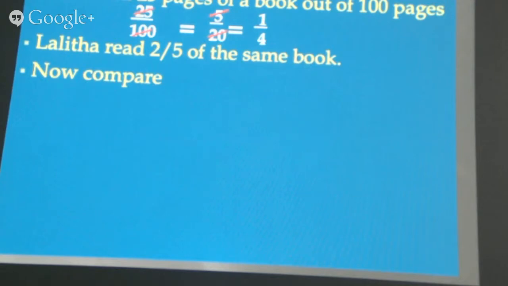All the answers are correct. I appreciate it. One of you suggested that. One student has taken, total are 100 pages, sir. So, 2/5 of 100, you know how to calculate 2/5 of 100?